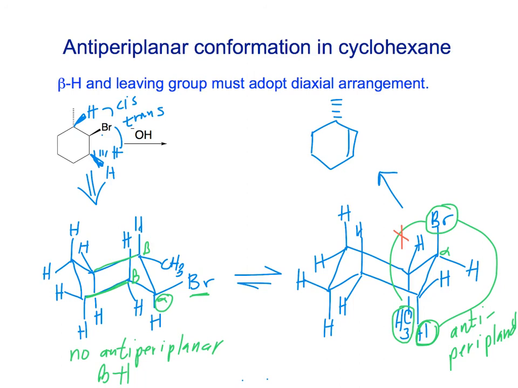Notice in this discussion, we are having to adopt a specific stereochemistry to allow the elimination to take place. But this reaction really is not stereoselective. This reaction is regioselective, right? Because the position of the double bond is what changes.